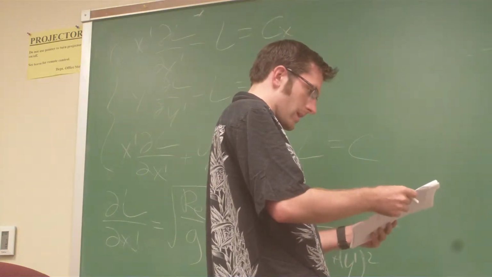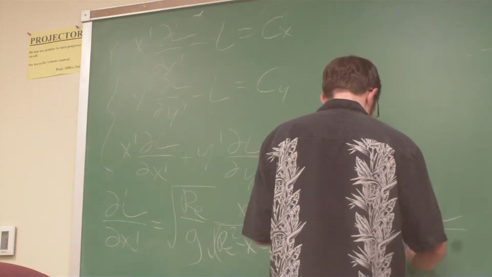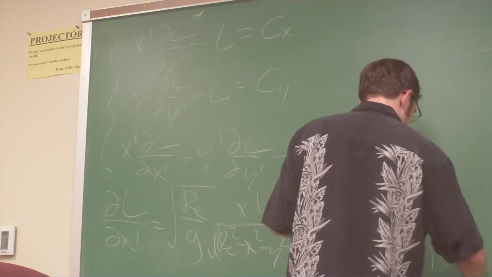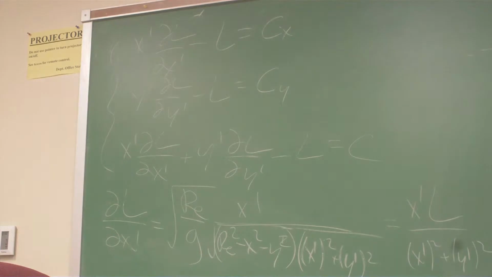We just end up with x prime L equals x prime squared plus y prime squared, as a simplification. We get the same thing with the partial with respect to y prime. Well, watch what happens when we plug it into these expressions. Partial L, partial y prime, same thing: y prime L over x prime squared plus y prime squared.